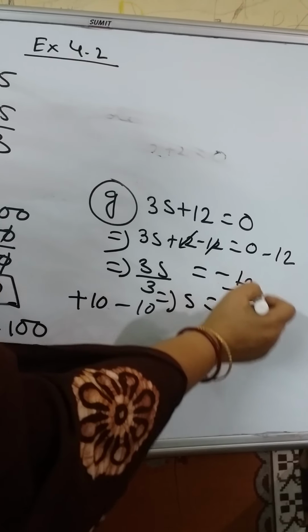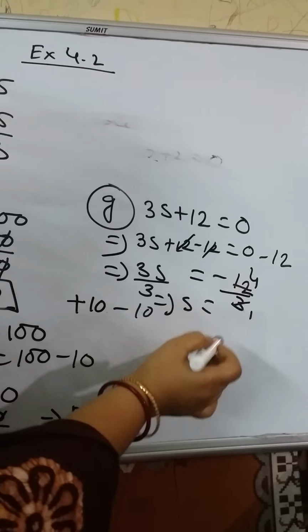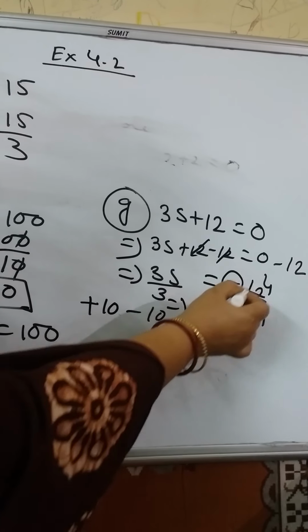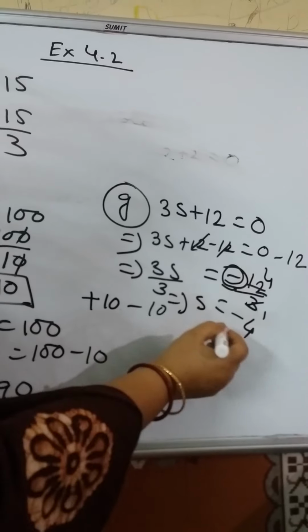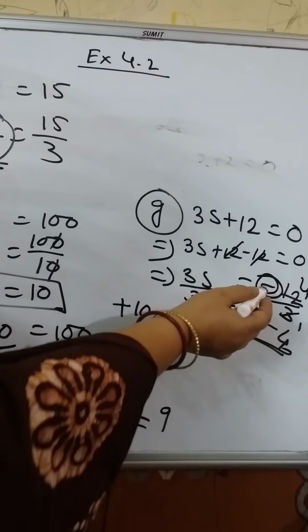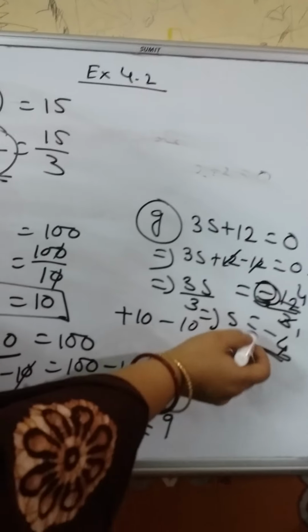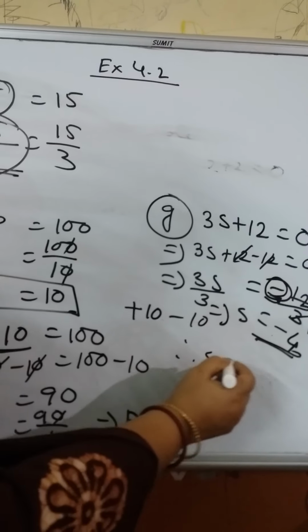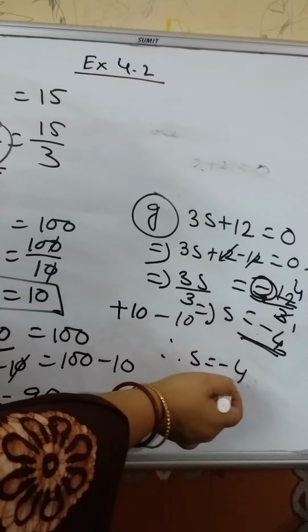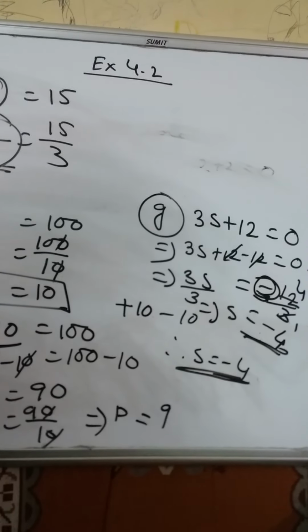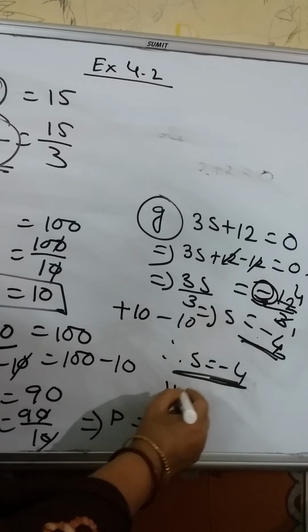So 3 ones are 3, 3 fours are 12. Don't forget this minus. Solution is minus 4. Sometimes you forget to write this negative sign. So if there is a minus sign there, you have to write that also. Your solution is -4.